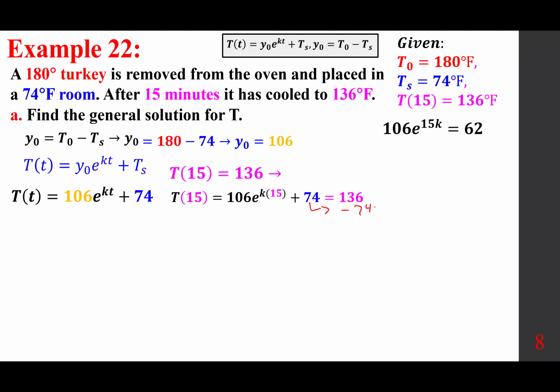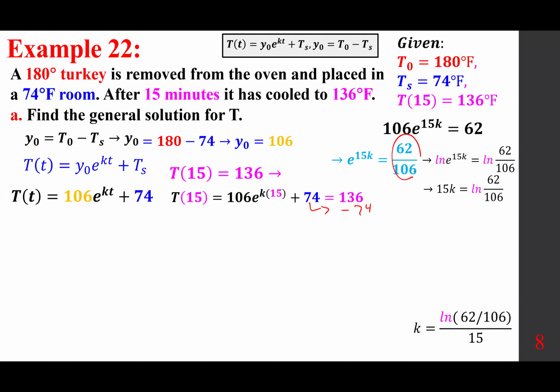So we get 106 e to the power of k times 15, or 15k, equals 62. We're going to divide by 106. And I'm going to keep it as that. Of course, this can be simplified, as you know, and we're going to take a natural log of both sides. The left side becomes 15k. And k is the right side divided by 15.